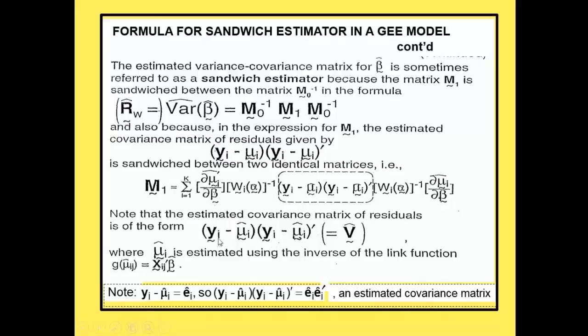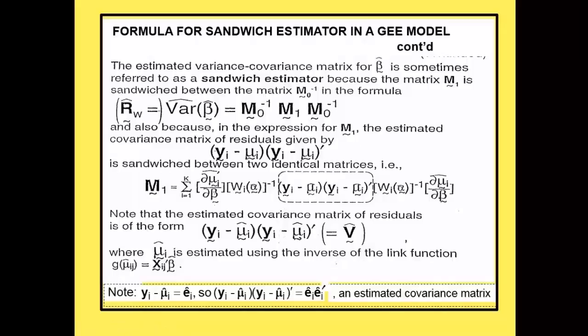If the ith subject has, let's say, 4 responses, this vector, yi minus mu sub I, would be 4 by 1. It would have 4 rows and 1 column. It would be a column vector. What would this one be?